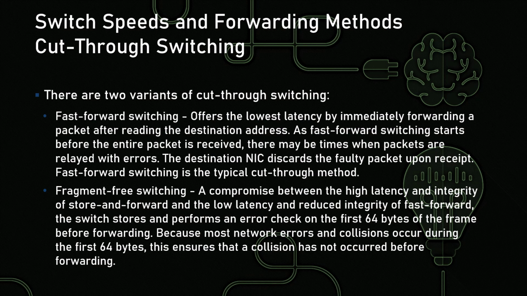Fragment-free switching is a compromise. If we have a high latency and integrity system like store and forward, but we want the speed of fast forward, we can perform an error check on only the first 64 bytes because that's where most of the errors and collisions will occur. So that allows us to forward it on, knowing that by and large, the odds are that our frame should be in good shape.